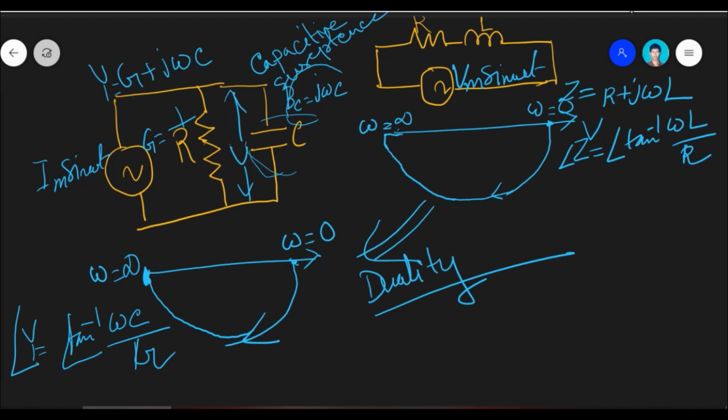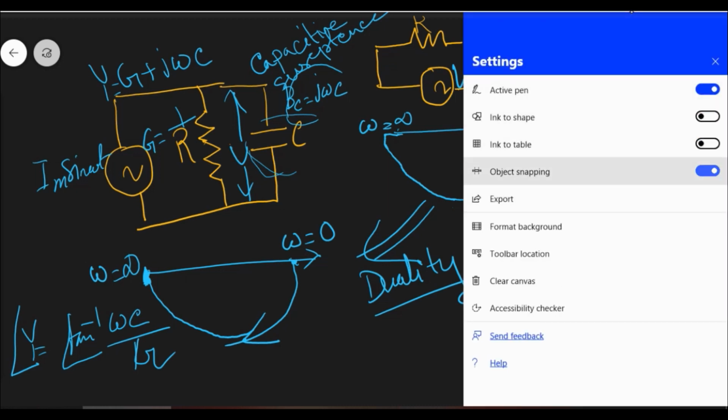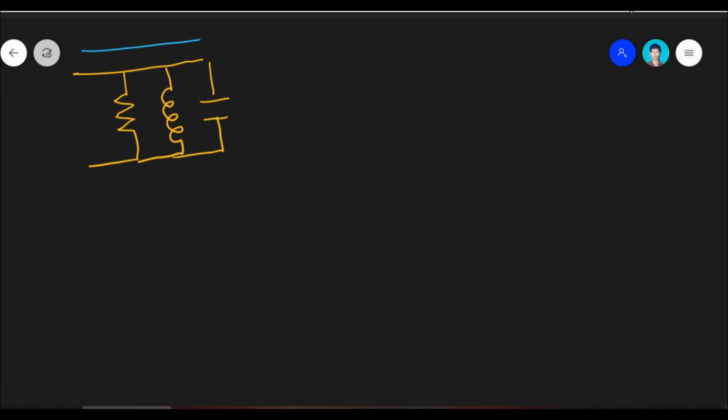So can we similarly draw the parallel RLC circuit locus diagram using the same concept? Can we draw it? We have all these constant.